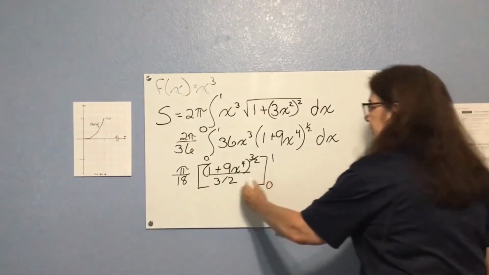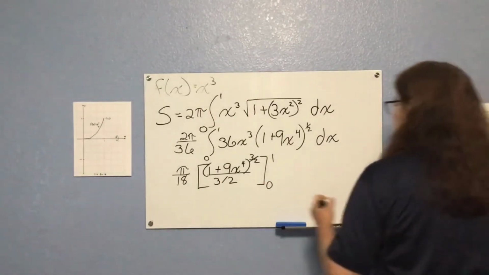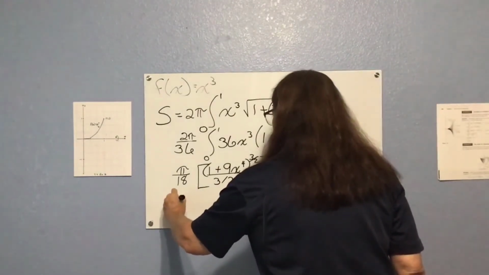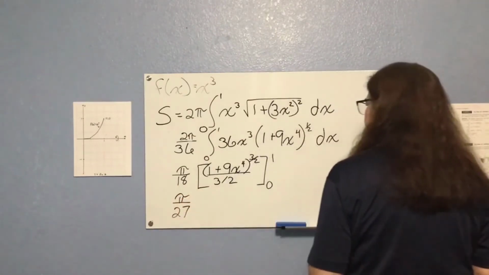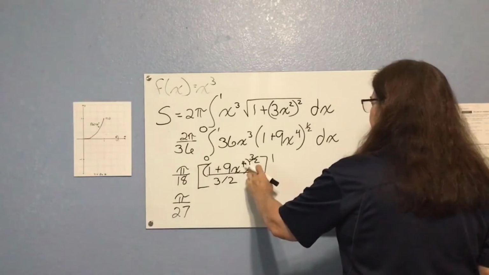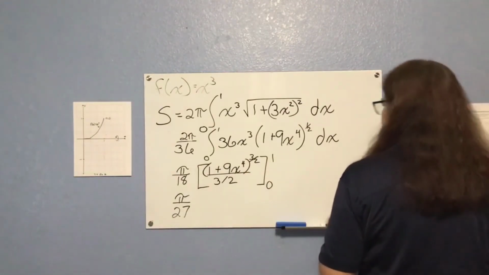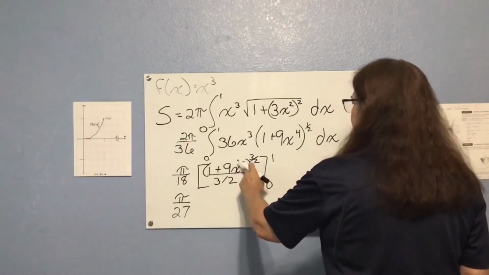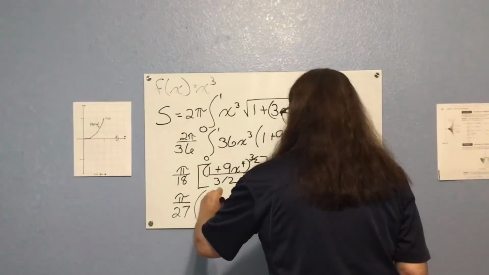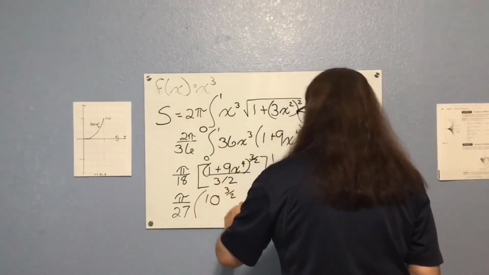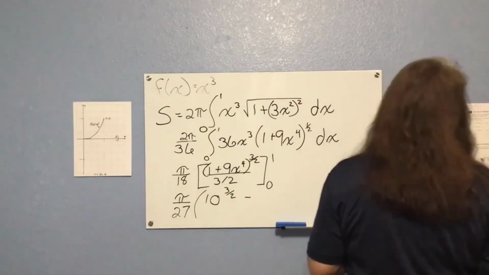Okay, I can take this 3/2 out with the pi over 18, which will give us pi over 27. And when I take this and evaluate at 1, I'll get 10 to the 3/2, minus the value at 0.